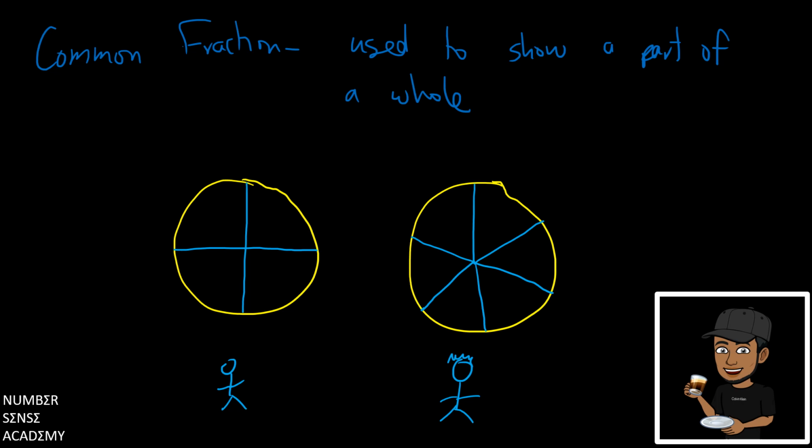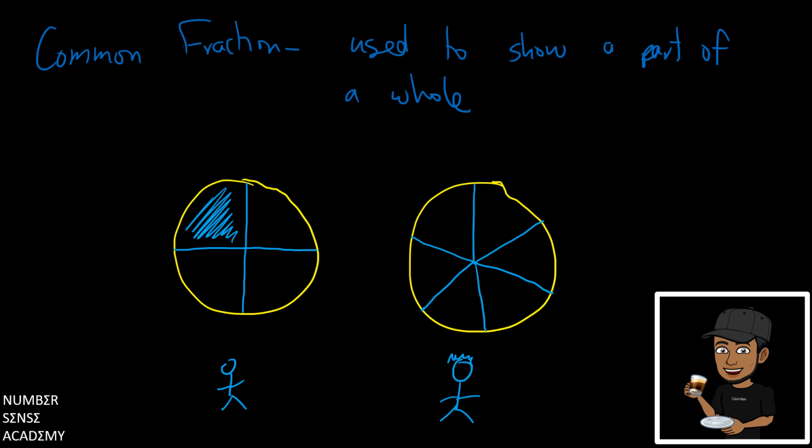I split the pie up in four ways because I'm going to finish it in 4 days. My friend splits the pie up in six ways because he's going to finish it in 6 days. One slice a day over 6 days, one slice a day over 4 days. So I could take any amount out of this to represent a part. Say on day one, I take one slice.